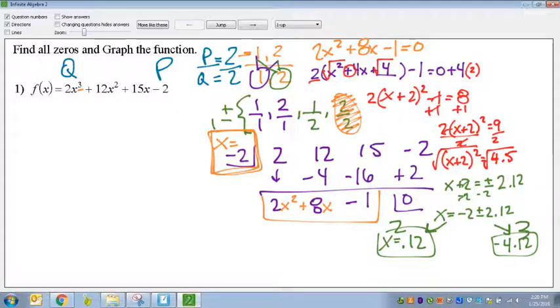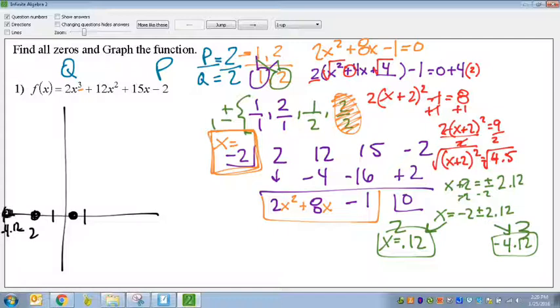Just general is fine. Okay, so I have -2, I have 0.12, which would be very close to 0, and -4.12. We'll say it's all the way out here.